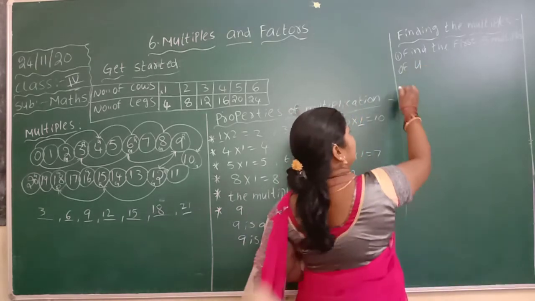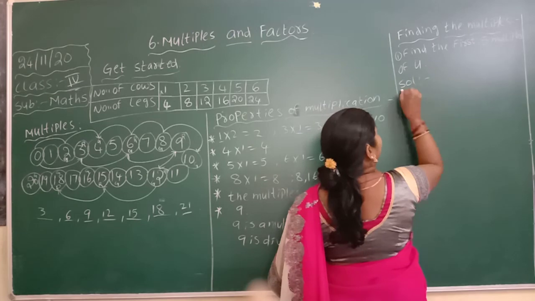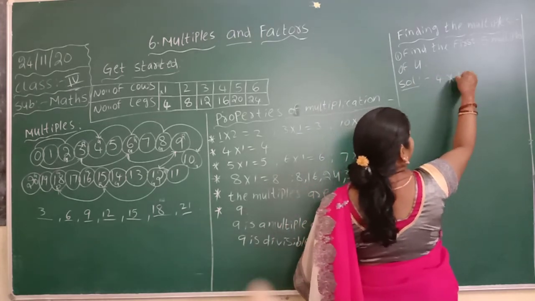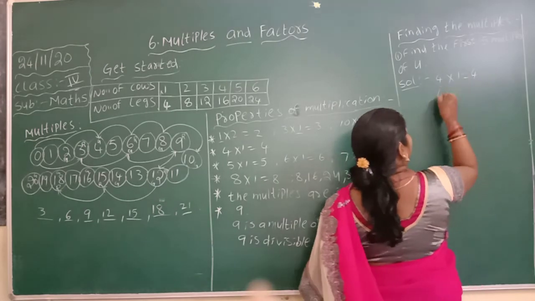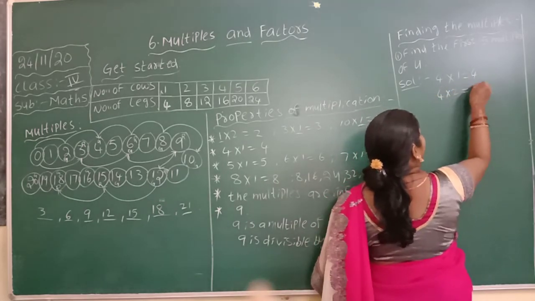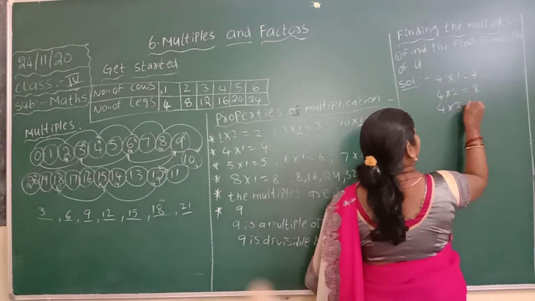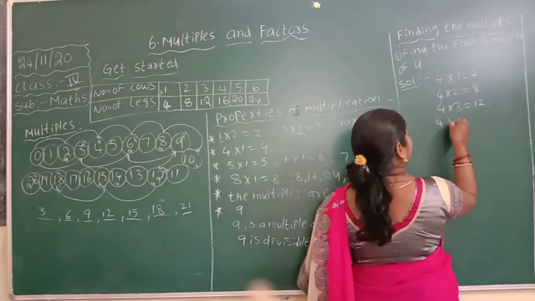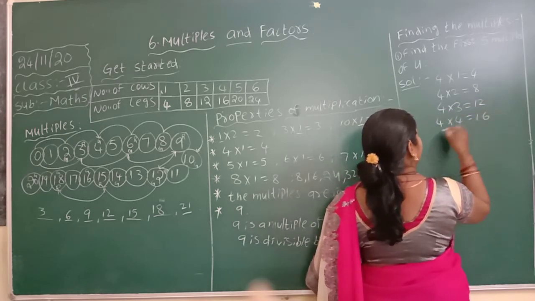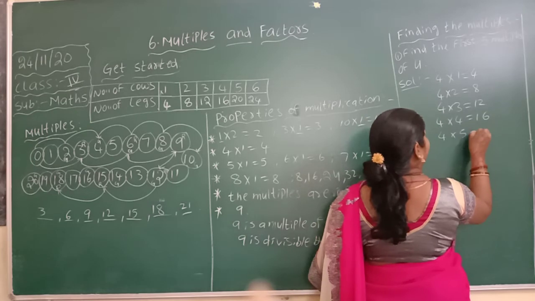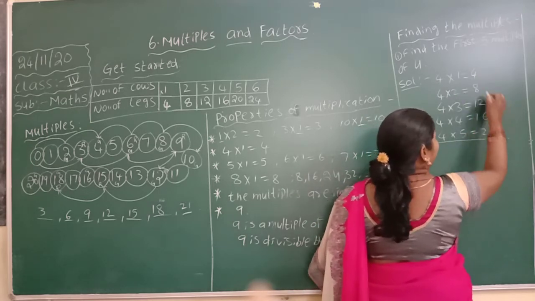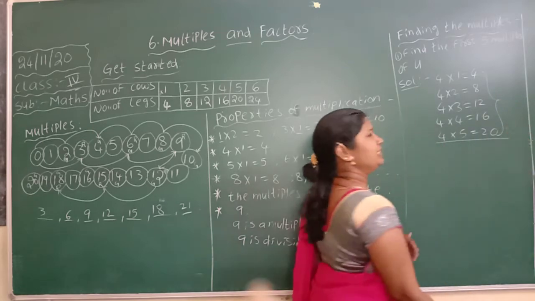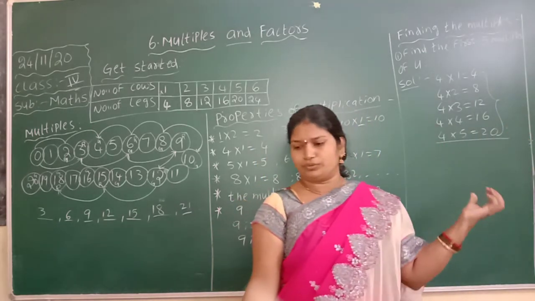How should we do it? We should multiply the given number with 1, 2, 3, 4. 4 ones 4, 4 twos 8, 4 threes 12, 4 fours 16, 4 fives 20. These are the first 5 multiples of the given number 4.